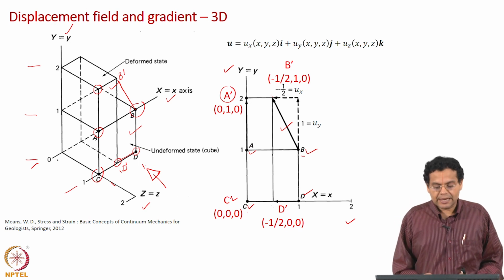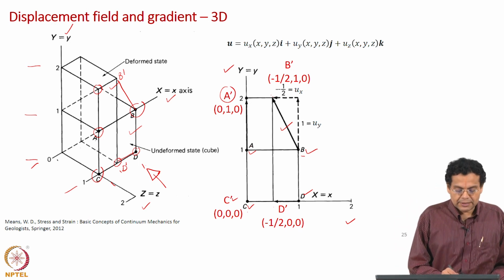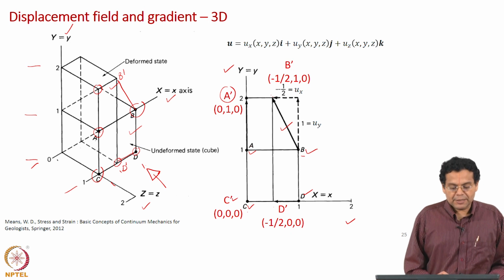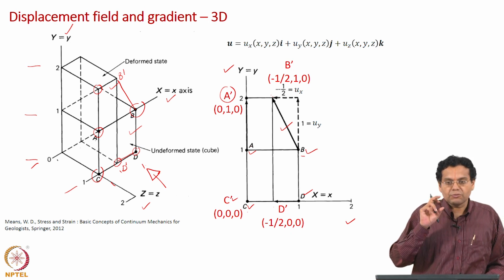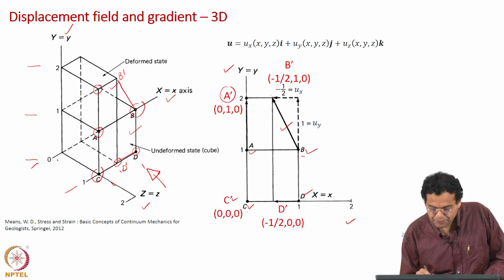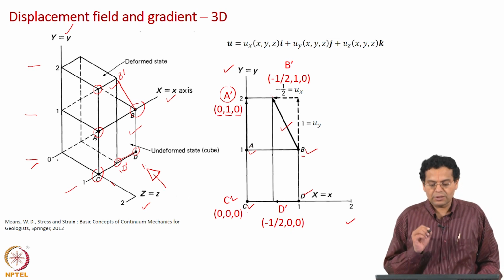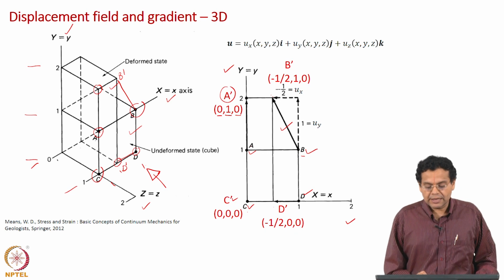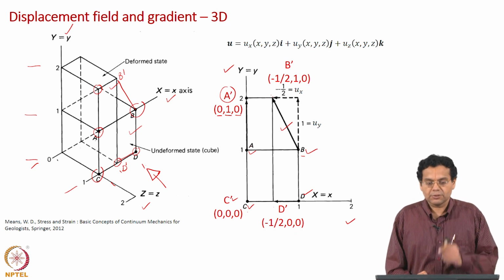So let us take the case of A. A was here, it has moved to here, which means that there is only vertical displacement along the y direction by 1 unit. So you have a value of 1 here, no displacement along the x direction, no displacement along the z direction. So it is indicated as 0, 1, 0.